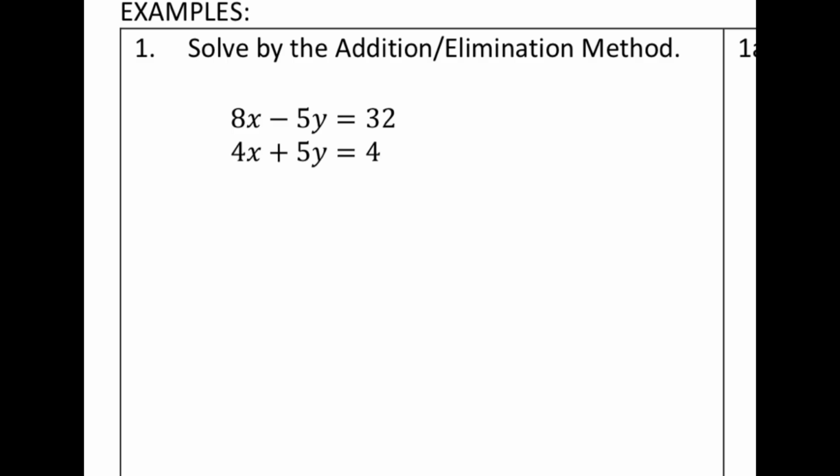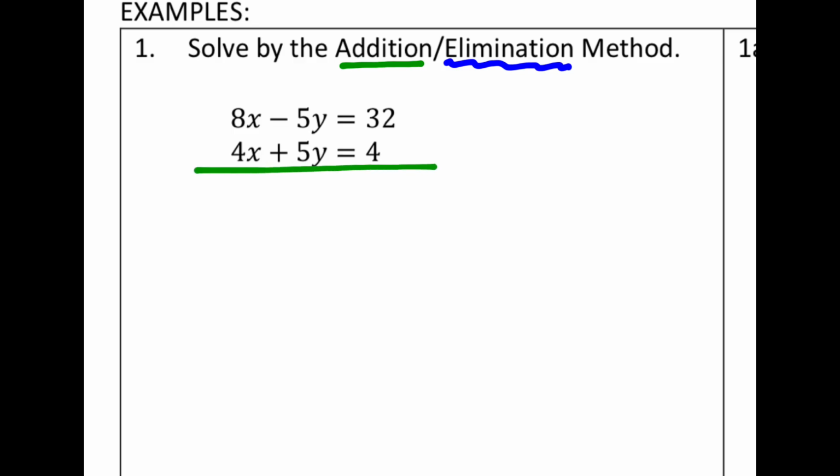Okay, so the addition elimination method or linear combination. What you're going to do is literally add the two equations once you get them in the right format. And while doing that, one variable will be eliminated. Let me show you. This one is set up so that it's going to work.